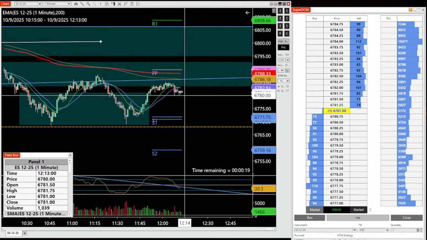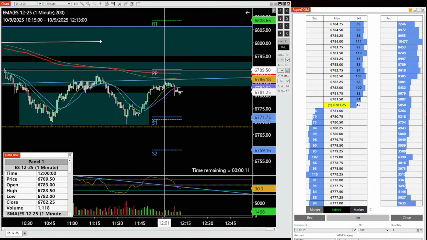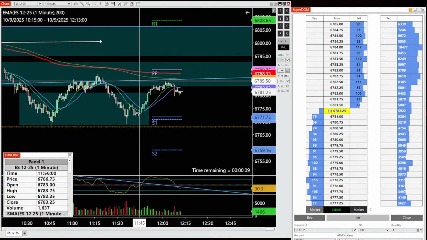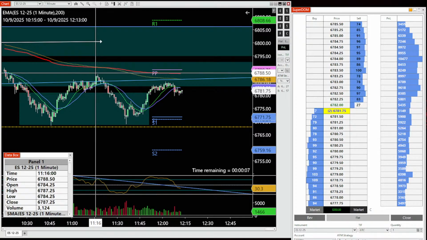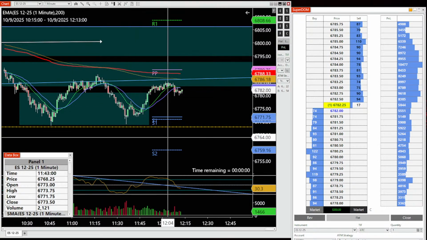We haven't tested VWAP at all. Back at the end, well, we did. Let me see here. So VWAP is at 88.25. We didn't touch it, but it came down to this level.